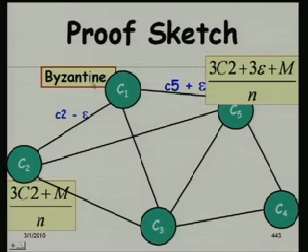Let us assume that this is C2 and this will be at most C2 plus epsilon, isn't it? And this is C1 and this is C2.